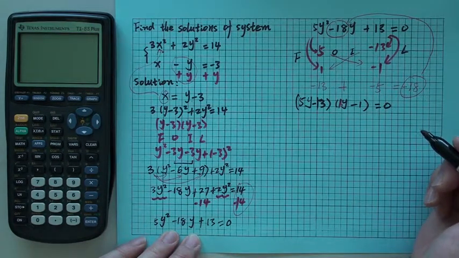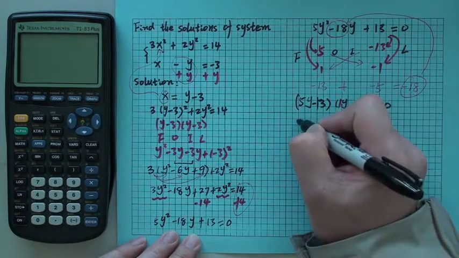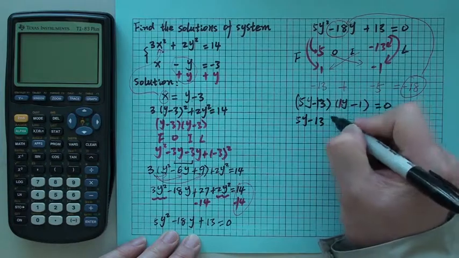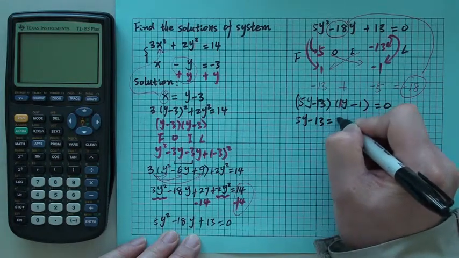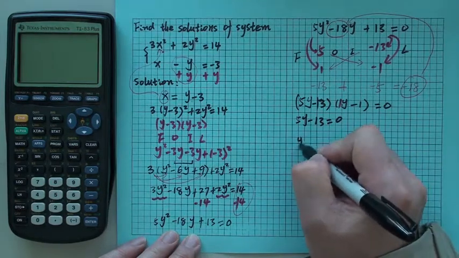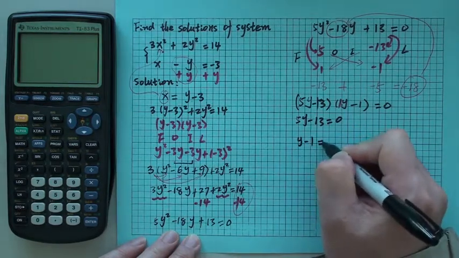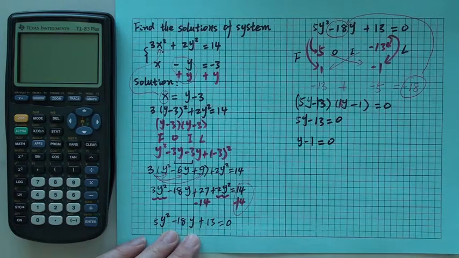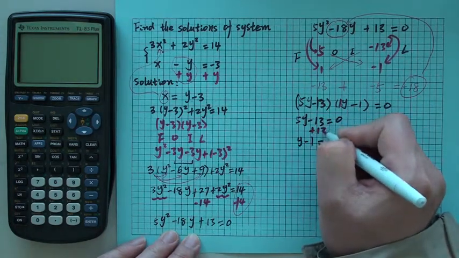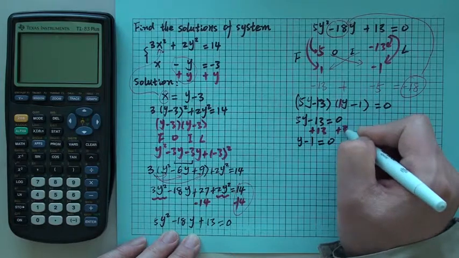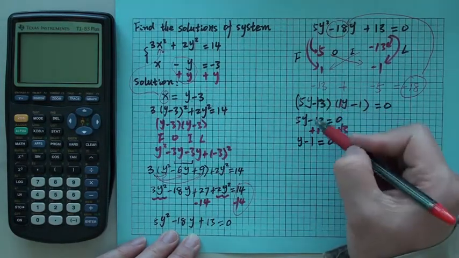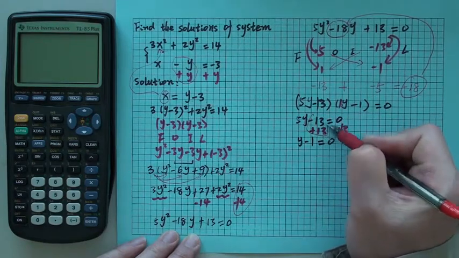Alright, now keep going. You have 5y minus 13 equals 0, and another one is y minus 1 equals 0. Then add 13 to both sides, and the positive and negative cancel.